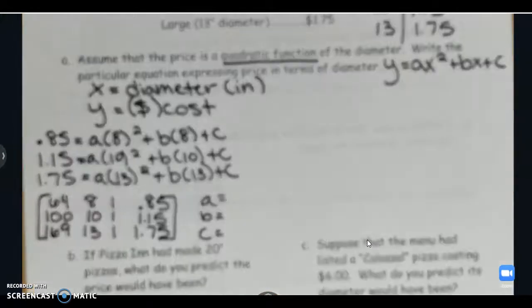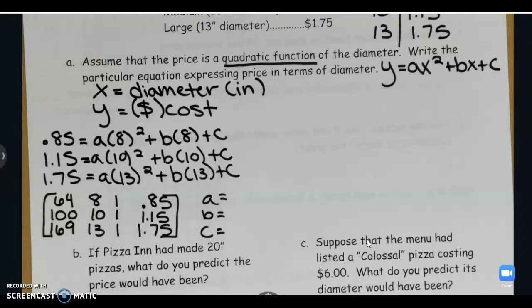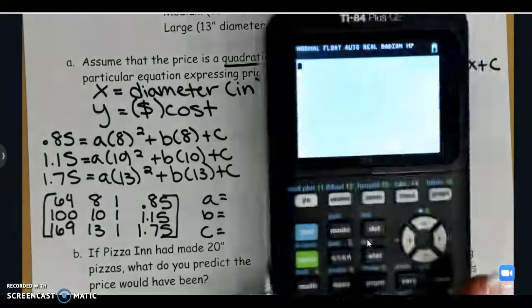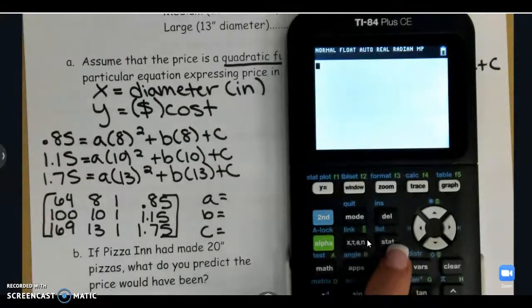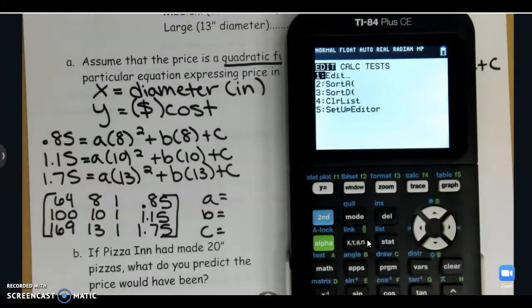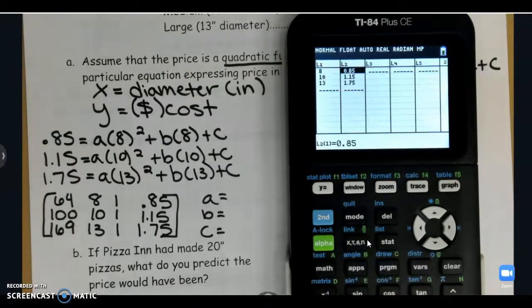Or there's another way that we can do this, and that is in our calculator. And we're going to be working with our calculator quite a bit today, so you want to go ahead and have that handy. So in our calculator, if we go to Stat, which is this button right here next to where we usually click on X, Stat, Edit, so hit enter.